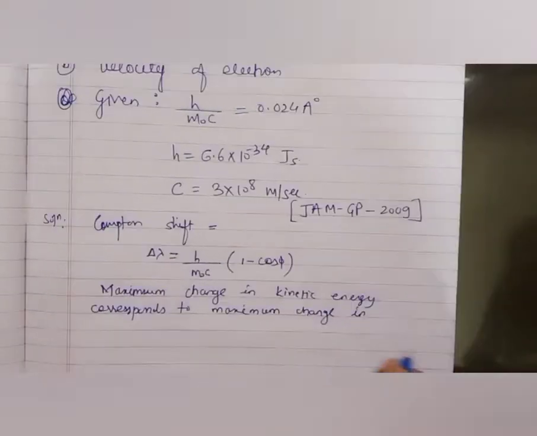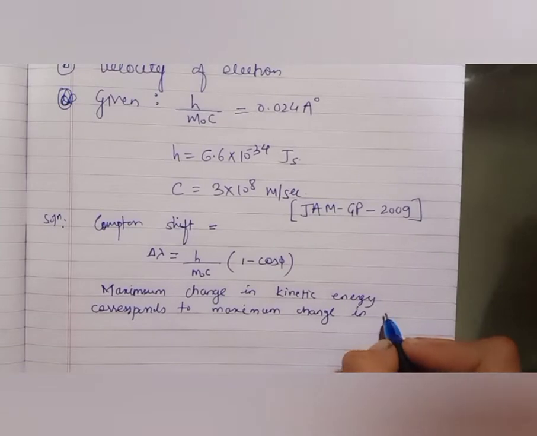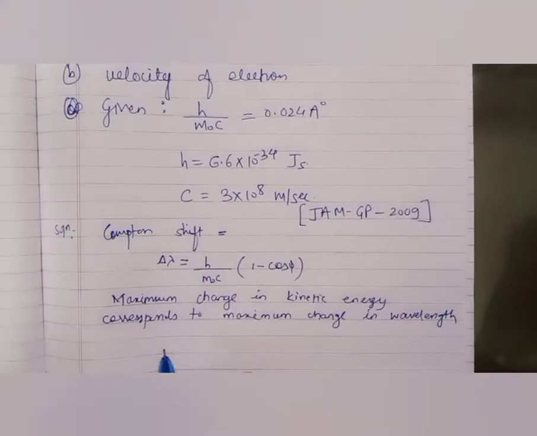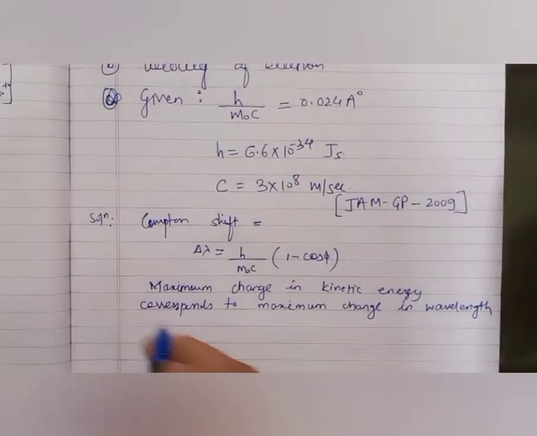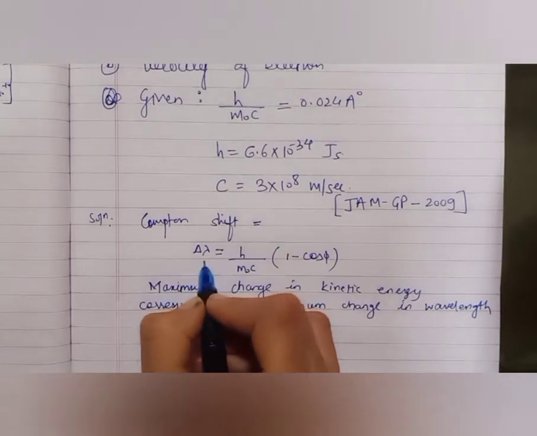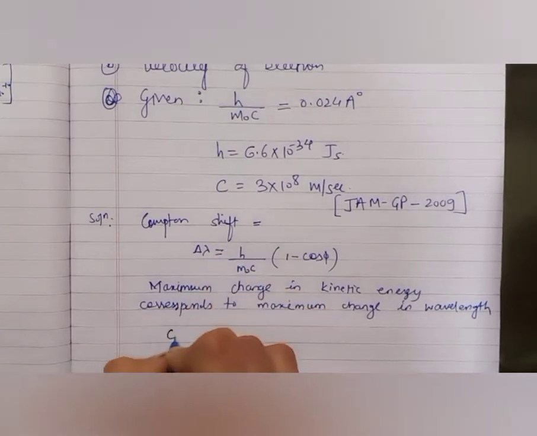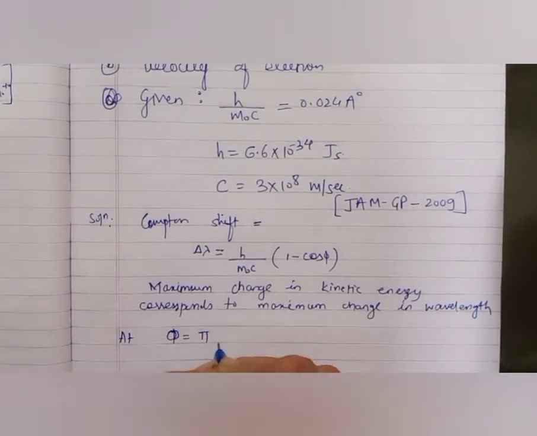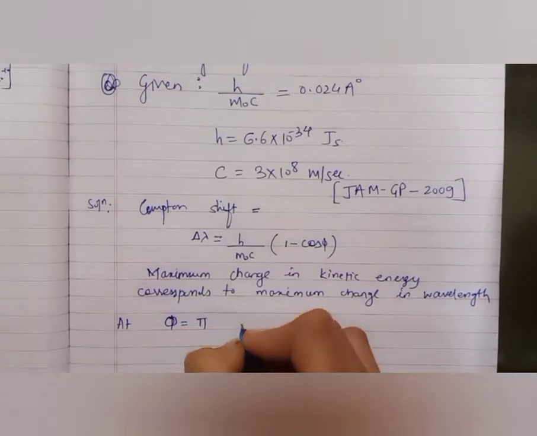There will be maximum change in kinetic energy when there is maximum change in wavelength. The Compton shift is maximum when phi equals pi.